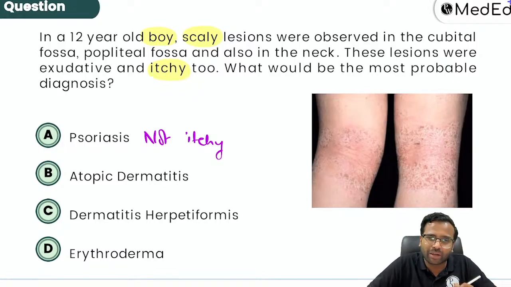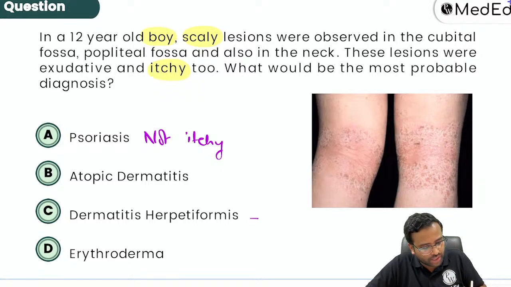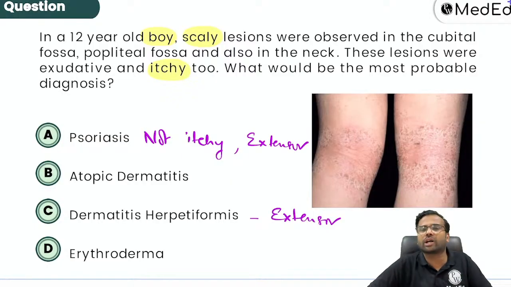Whereas dermatitis herpetiformis can be itchy, but this is usually seen on the extensor surfaces. Psoriasis is also usually seen on the extensor surfaces. Erythroderma means the entire body should turn red in color, and that is easily ruled out because that does not match what we see.